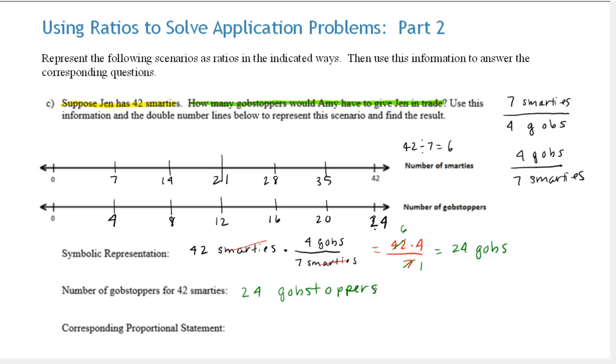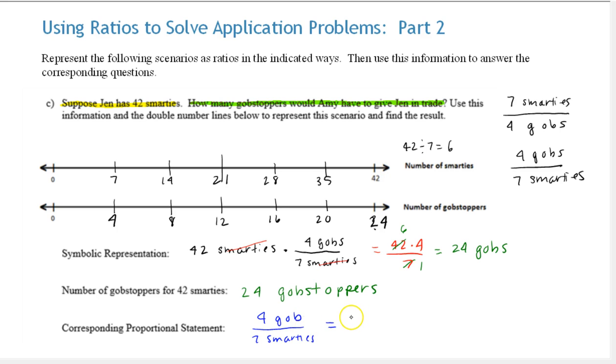Now let's write our corresponding proportional statement. We had 4 Gobstoppers corresponds to 7 Smarties. And an equivalent ratio involves our 24 Gobstoppers and our 42 Smarties, and make sure you line up your units, which is another reason you want the units there.